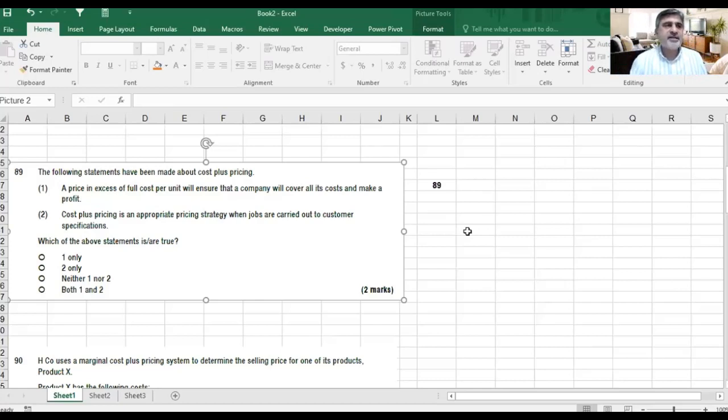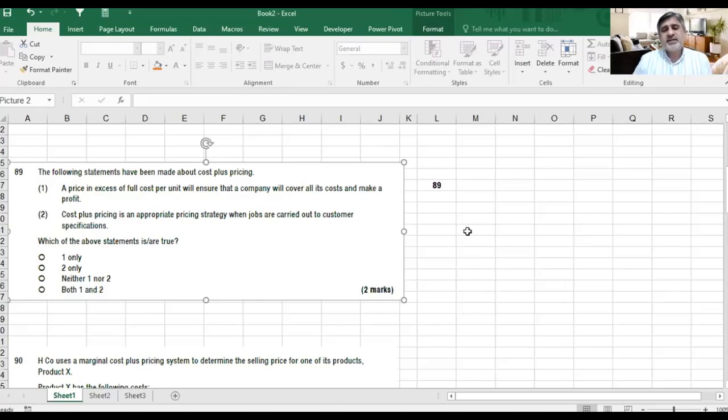So target pricing is very customer focused, market focused. Cost plus pricing is the opposite of that. You don't care about the market. What works here? The monopolies work like cost plus pricing, government entities, public sector organizations, they work on cost plus pricing. Whatever is the cost, recover it from the customer, whatever it is.